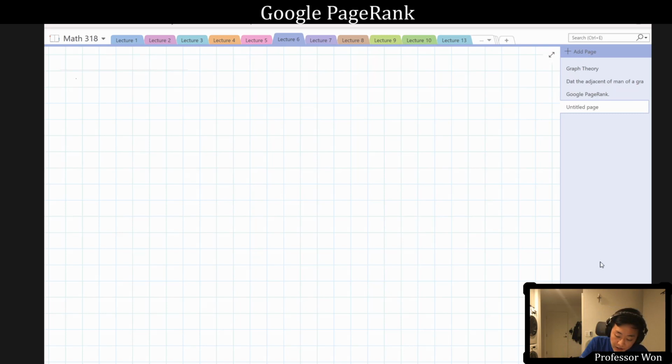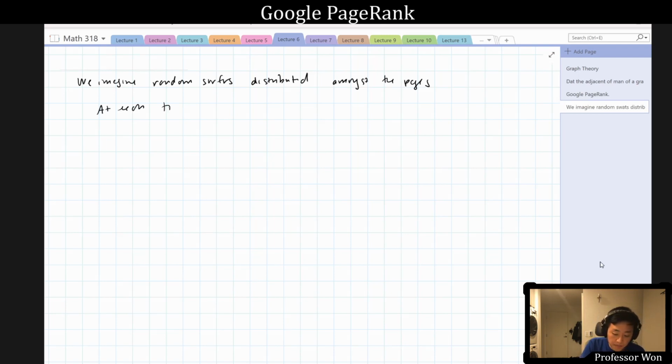So we imagine random surfers distributed throughout the web graph, or distributed amongst the pages. Right, so in our example, there's 6 states. At each time step, each user does one of 2 things.